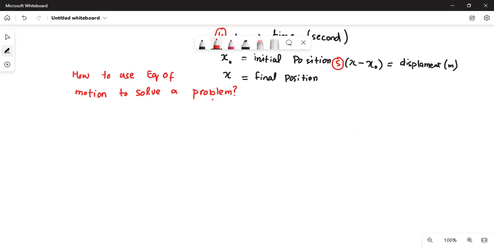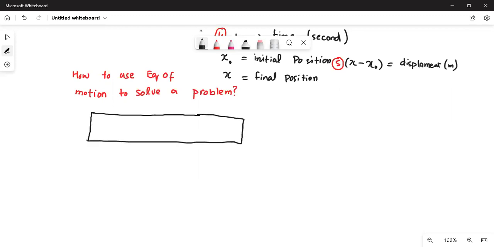How to use the equation of motion to solve the problem, what will we do? We will make a box. Let me draw it here. Motion will mean velocity, no, motion. These are all related to the motion. So the first step is you will make this box.